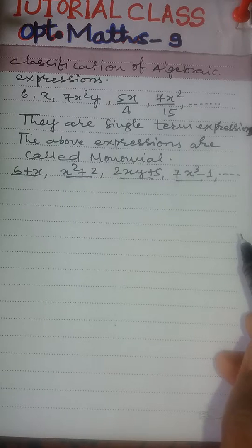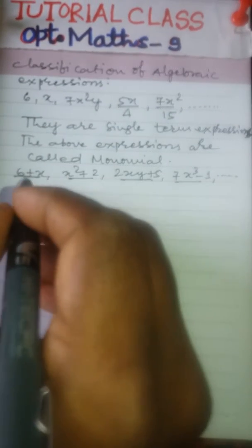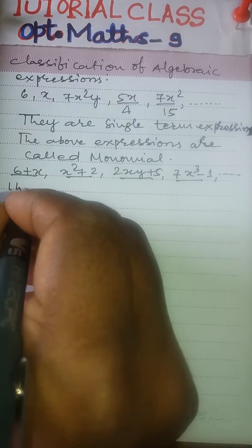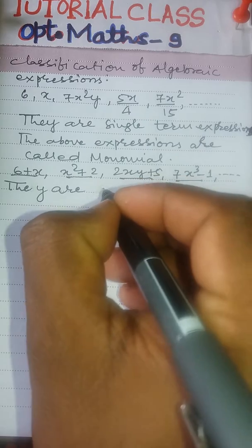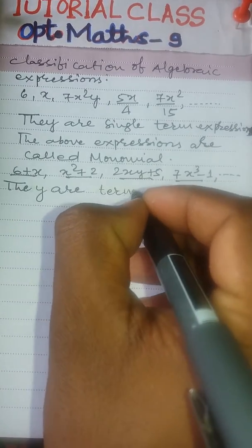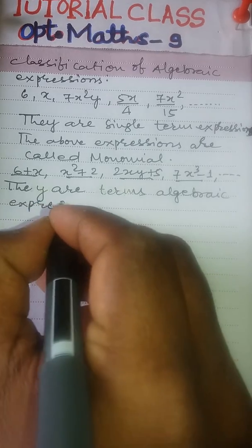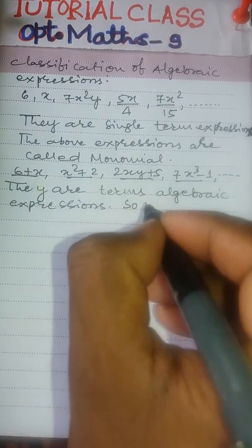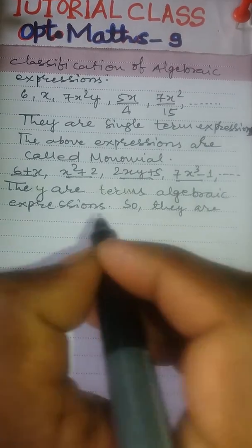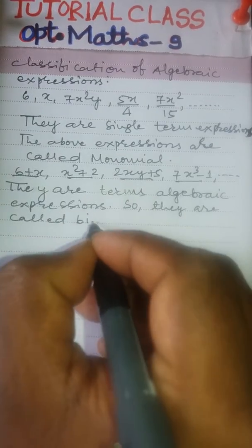All those algebraic expressions which have two terms are binomials. So these are two term algebraic expressions, and they are called binomials.